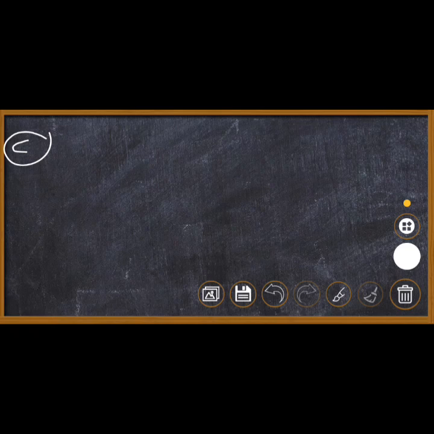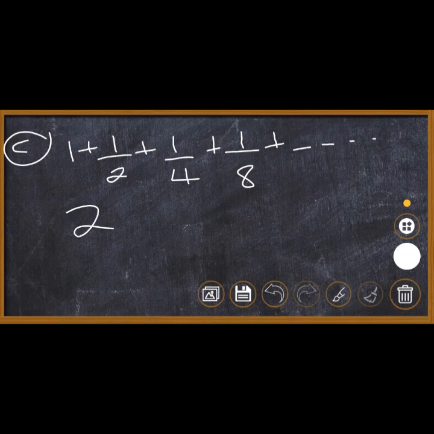Okay, so let's say you have been given 1, 1 over 2, 1 over 4, then added to 1 over 8, plus we keep on going just like that. So in this case, this is convergent, since the value of the terms is getting smaller, and the sum of the terms is approaching a limiting value of 2. So when you add these values, you find that it's adding progressively.